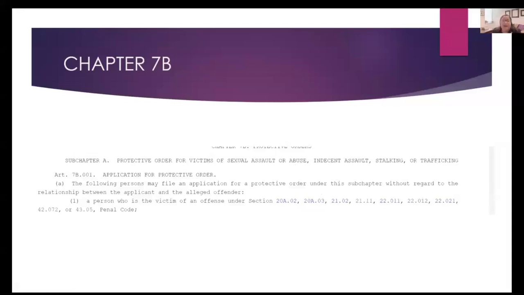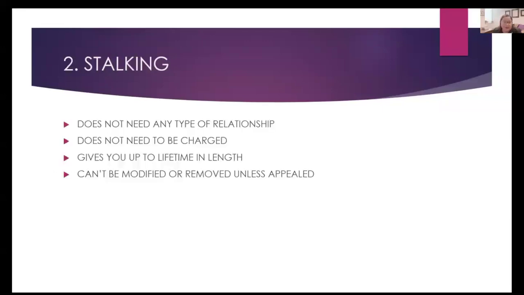So I urge everybody, if you're assisting in drafting or assisting a client in obtaining a protective order, you always, even if you think you just have a vanilla family violence, go through Chapter 7B and see what offenses these acts could fall under. Don't limit yourself, because Chapter 7B protective orders cannot be modified by the respondent, only by the applicant. And so it's an incredible way and tool to secure this protective order without any type of future modification.